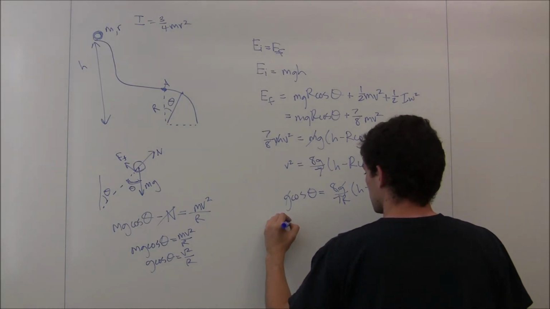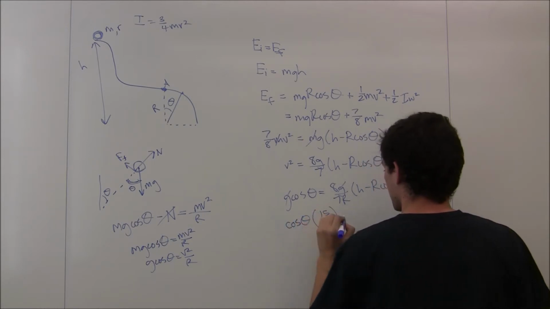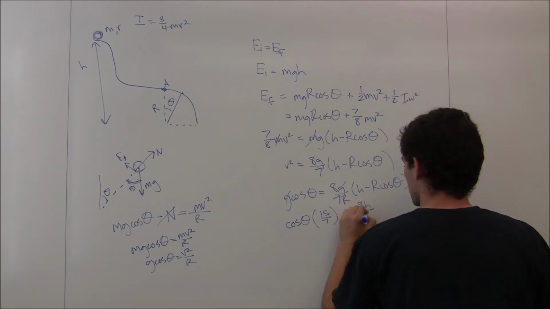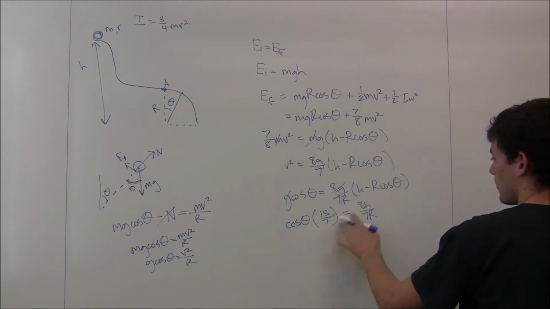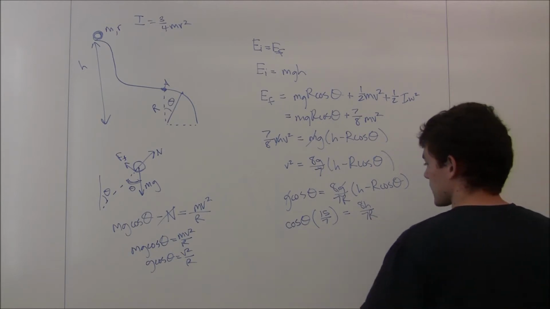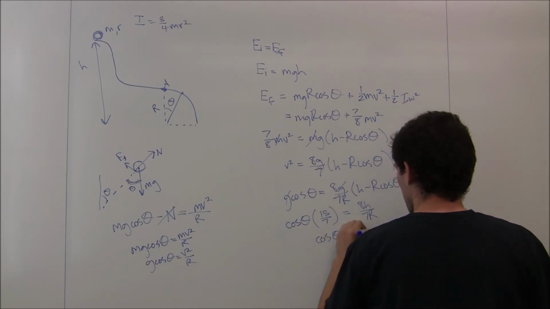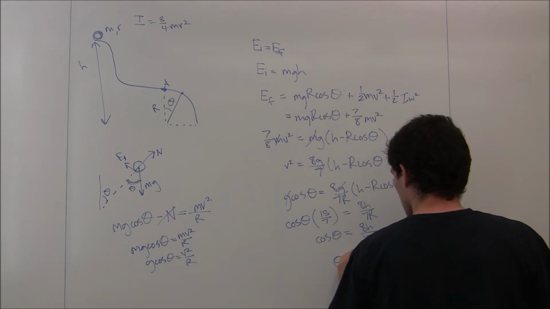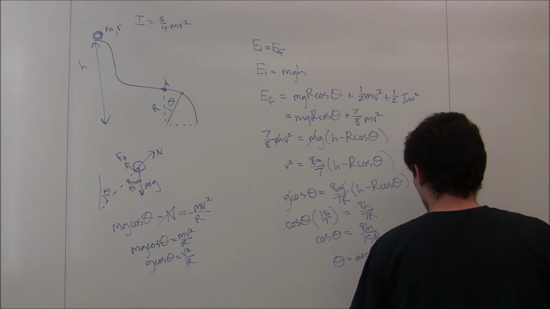So we get cosine theta times 15/7 is equal to 8h over 7r. And so now, multiplying through by 7 over 15 to isolate cosine theta, we get cosine theta is equal to 8h over 15r, and theta is equal to arc cosine of 8h over 15r.